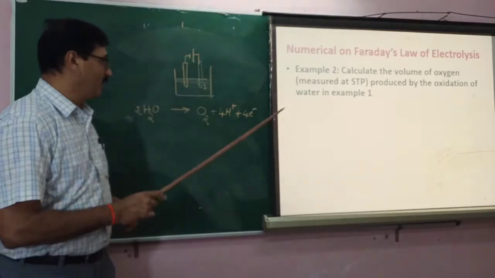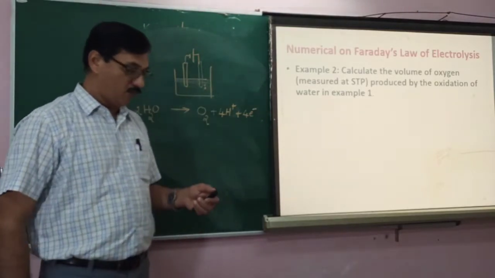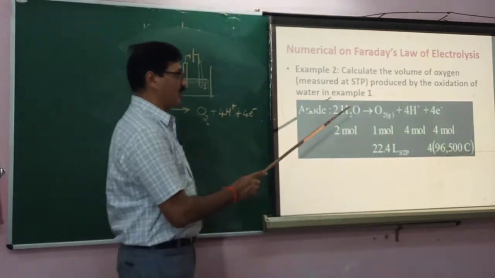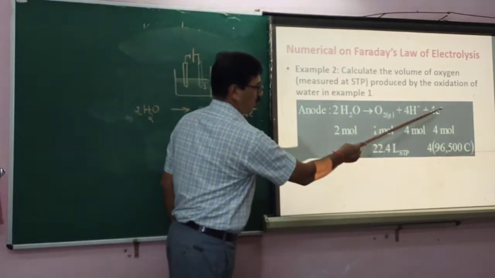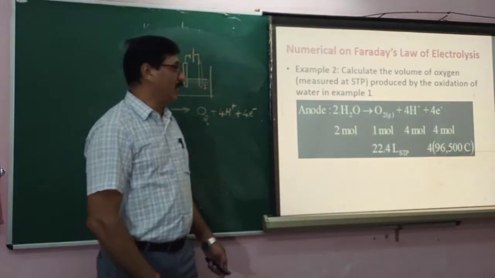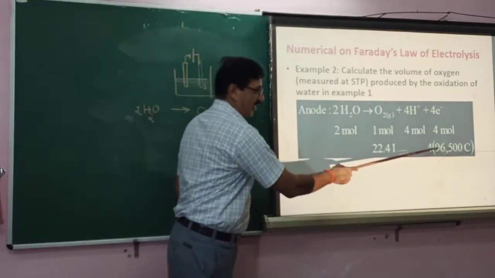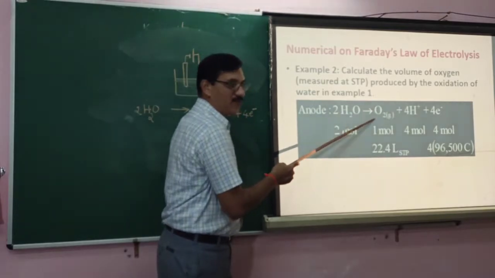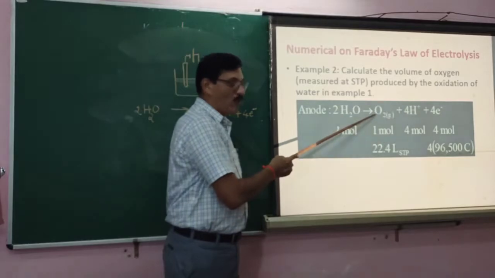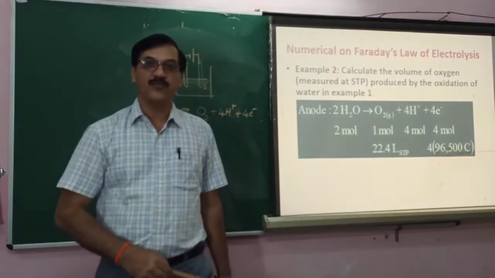So we find that 4 electrons are involved, which means 4 Faraday of charge is involved. When 4 Faraday of charge is involved, that is 4 into 96,500 coulombs of charge, we get 1 mole of oxygen. And we know that the gram molar volume, 1 mole of any gas at STP, will produce 22.4 liters.